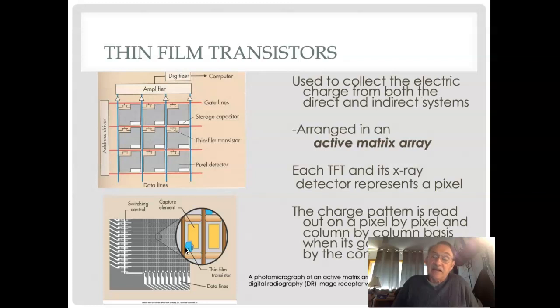And that has a significant portion to do with the spatial resolution, ultimately, of our image. So each thin film transistor and its X-ray detector represents one pixel. And over here, these are individual pixels. Okay, and in that individual pixel, I have a storage capacitor and I have a thin film transistor.